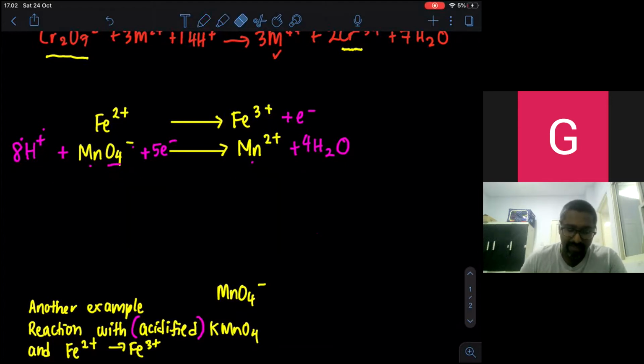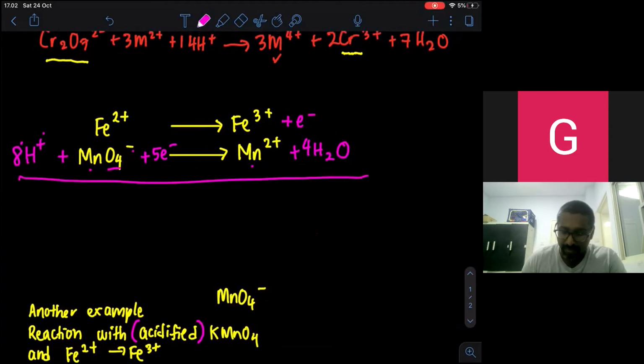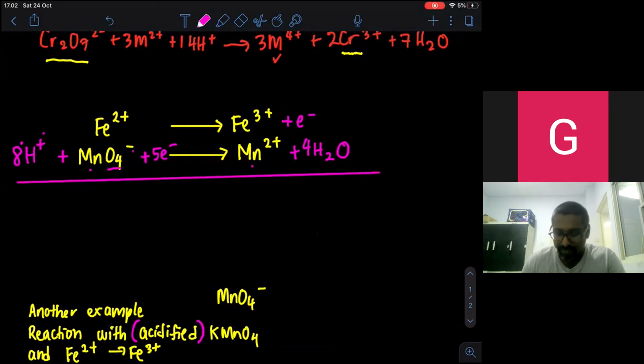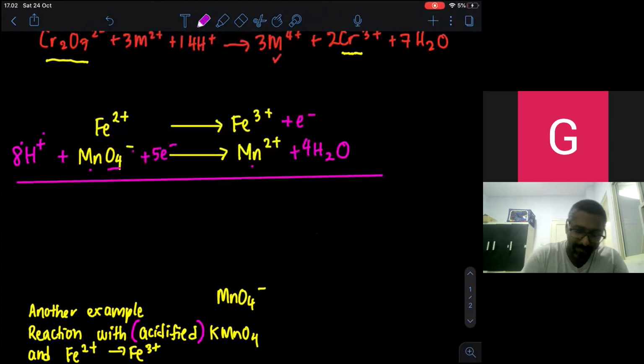The last part that we need to do is to add both equations together. But we need to make sure that the electrons are cancelled. If you look at equation number 1, there is only 1 electron. Equation number 2, there are 5 electrons. So I need to make sure that I have the same number of electrons. I multiply this by 5. So when I add, the 5 electrons on my left hand side and right hand side will cancel.